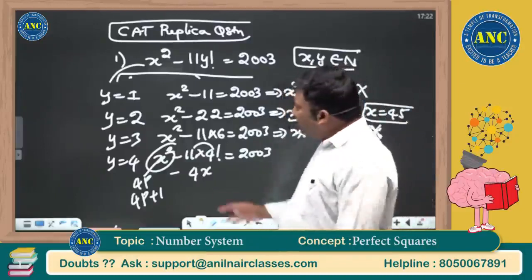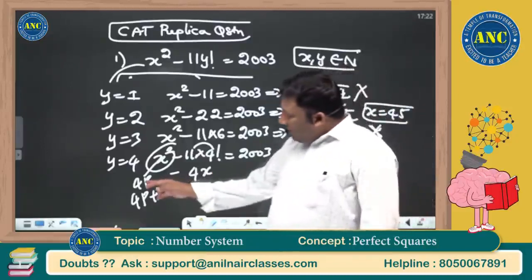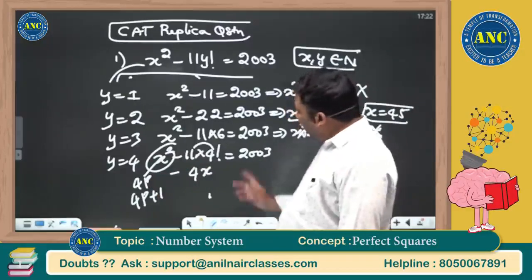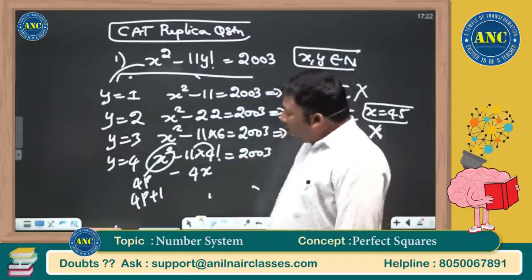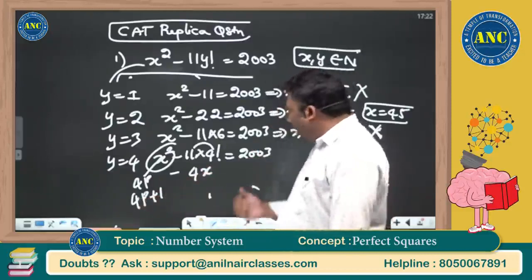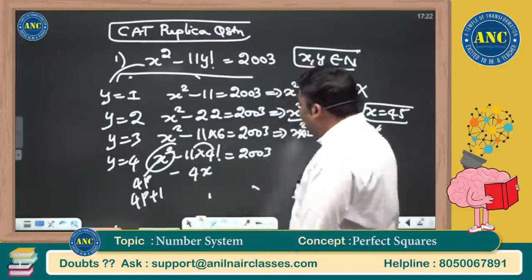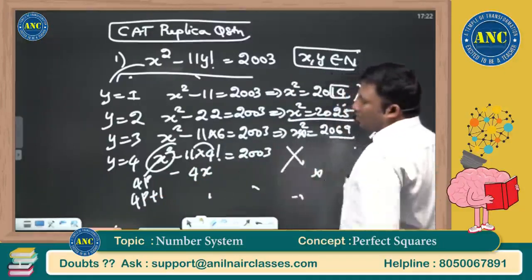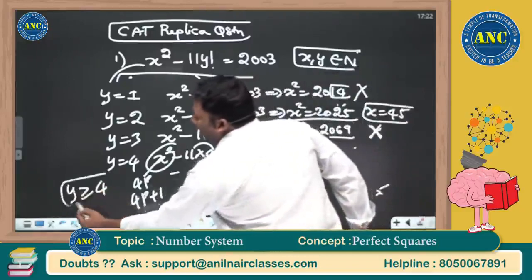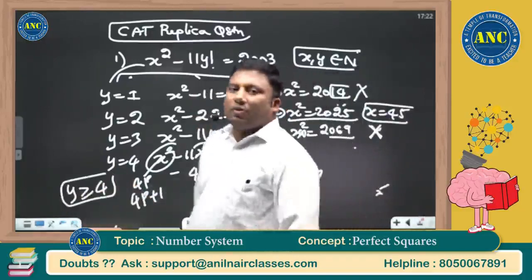Any multiple of 4 is of the form 4x. These divisible by 4, answer will be divisible by 4. 2003 is not divisible by 4. Or remainder 1. 2003 does not give remainder 1. It is not possible. It is not only for y equivalent to 4, it is for any natural number greater than or equivalent to 4.